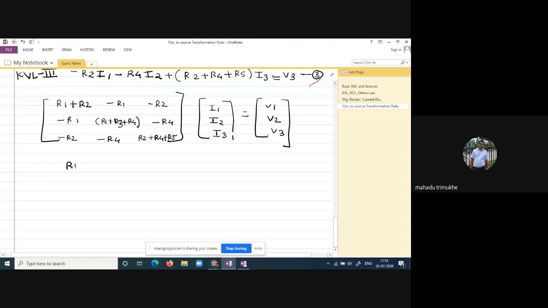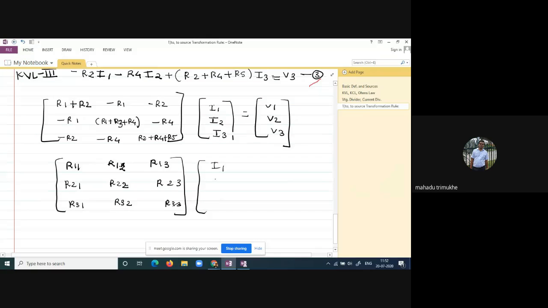It is R11, R12, R13, R21, R22, R23, R31, R32, R33, times I1, I2, I3, in terms of V1, V2, V3.